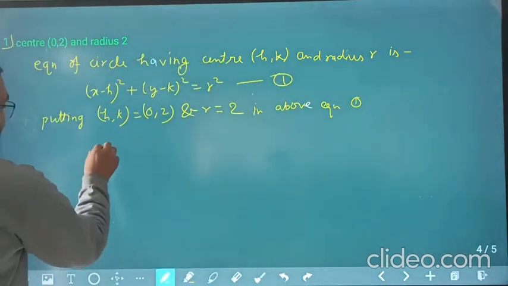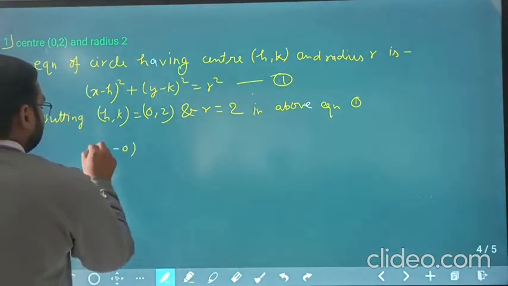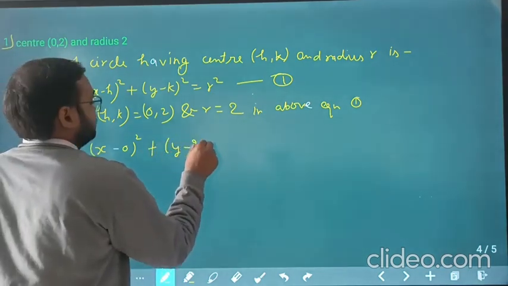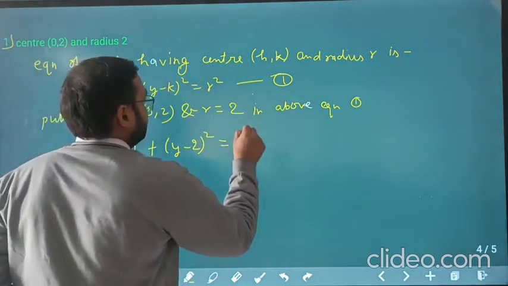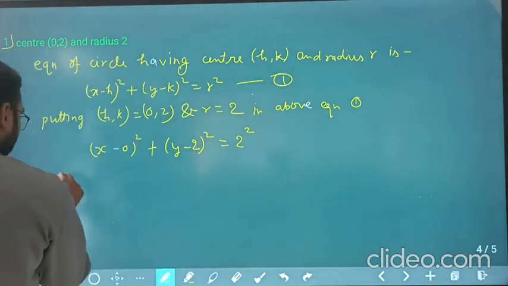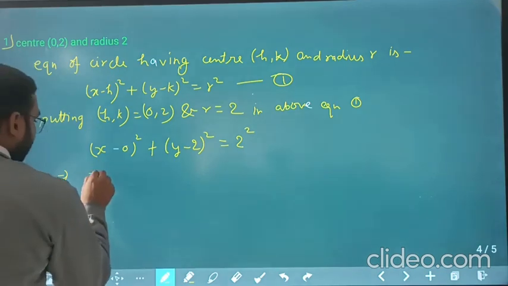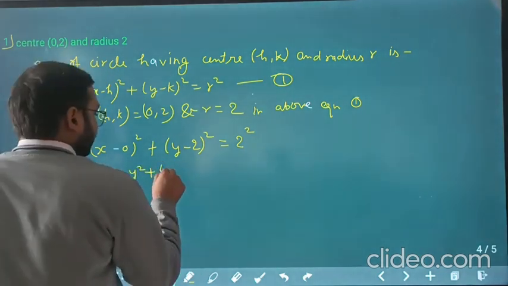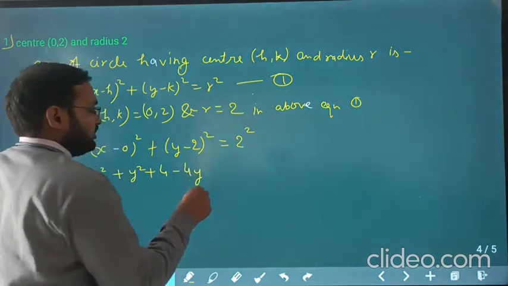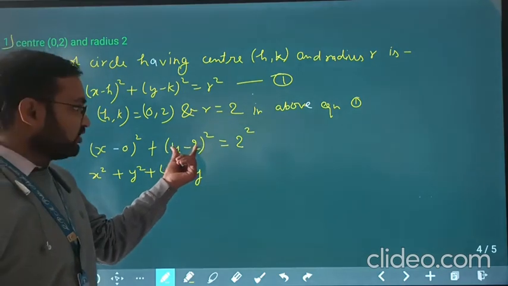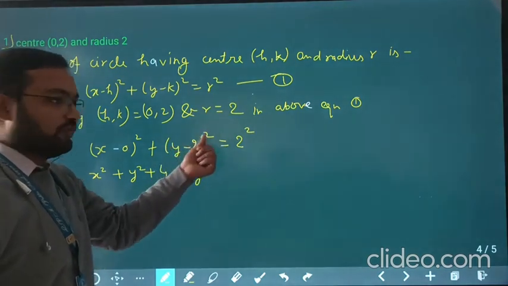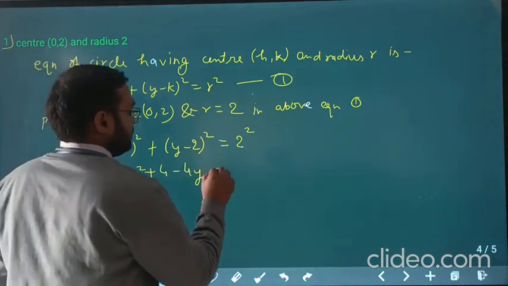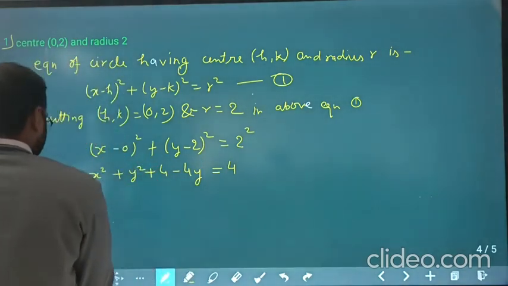So we will get (x minus 0) whole square plus (y minus 2) whole square is equal to 2 square. On solving this, we will get x square plus y square plus 4 minus 4y, because (y minus 2) whole square, that is (a minus b) whole square, is equal to a square plus b square minus 2ab, is equal to 4.